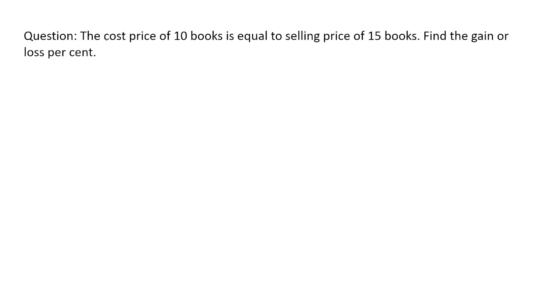Okay. So, let me discuss first the method 1. If you notice, the actual cost price is not given. Okay. So, we can assume anything as the cost price, because cost price is not given.